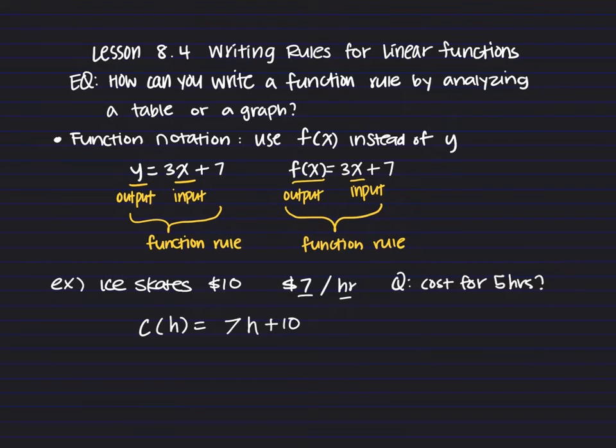So my C of H, where C is the cost and H is the hour, equals 7H plus 10, which gives me the cost. Now, I am going to replace my H with 5, so if I need to find C of 5, I'm going to do 7 times 5 plus 10, which is 35 plus 10. So my final answer is C of 5 equals $45.